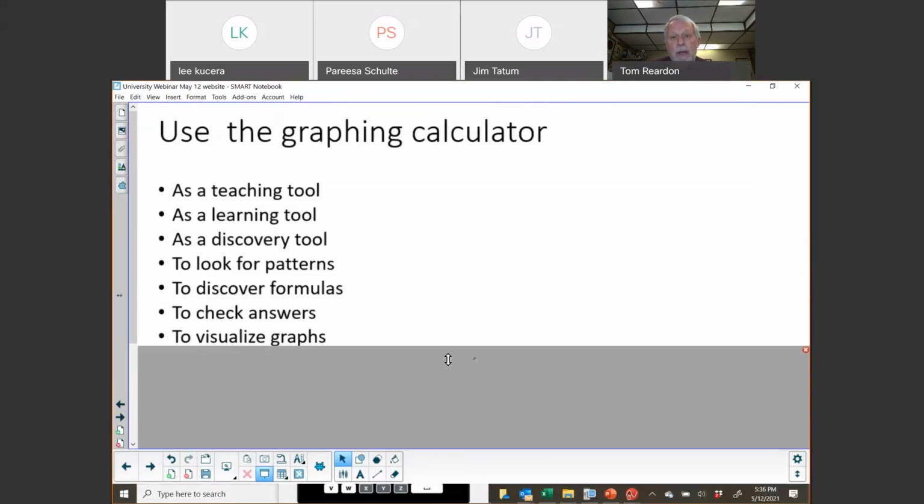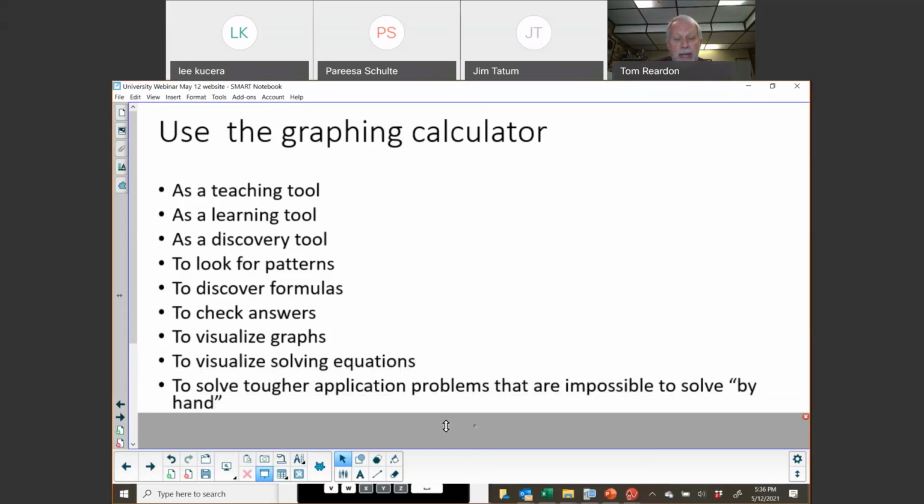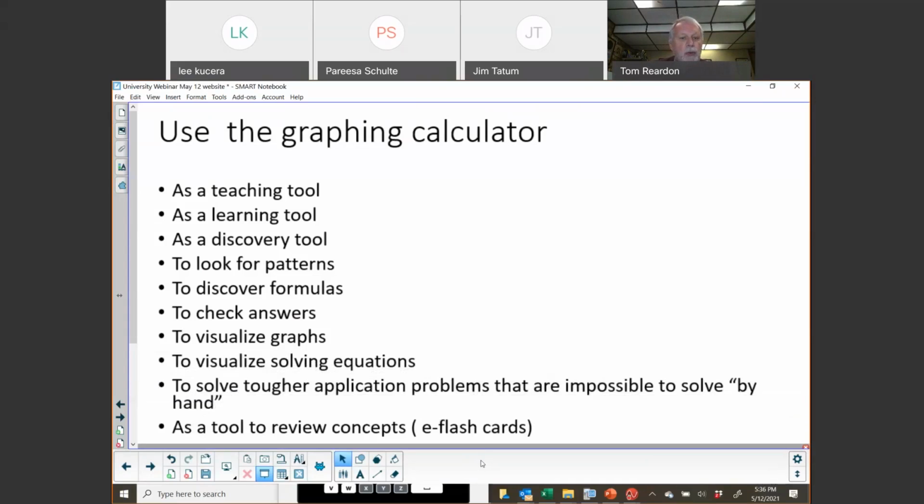Visualize graphs, I'm very big on being able to visualize graphs and think graphically. Visualize solving equations by seeing how many solutions there are when you see the graphs. And today, this is really more what I do in calculus, is solve tougher application problems that are impossible to solve, quote, by hand, or they're kind of nasty equations that don't have nice solutions, as the real world does, and so we can use technology to help us with that. And then as a tool to review concepts like electronic flashcards.